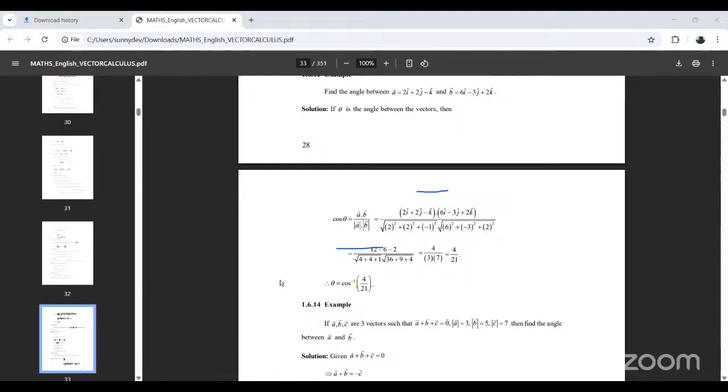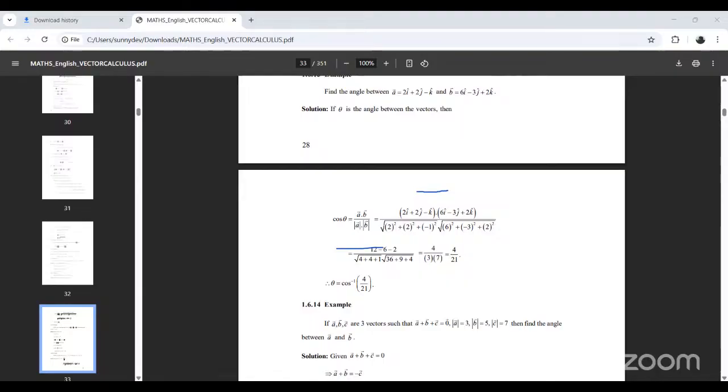They are giving vector a as 2i plus 2j minus k, and b as 6i minus 3j plus 2k. Now a dot b by mod a into mod b. You have to find mod a, under root of 2 square plus 2 square plus minus 1 whole square, into mod b, which is 6 square plus minus 3 whole square plus 2 square.